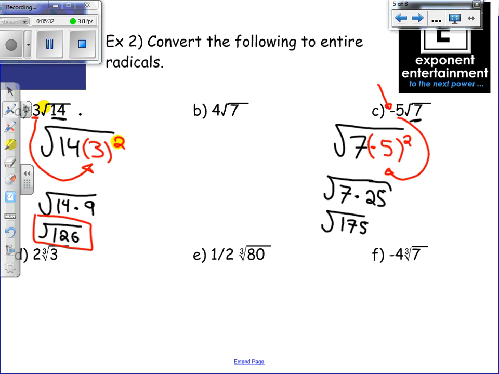Now, we had some good questions. I remember this from when we were in class. We should always be able to punch in this original part here and this part here, the square root of 175, and they should equal each other. If they don't equal each other, that means we didn't convert them properly. Now the question was, when we do the square root of 7 and we multiply it by negative 5, what do we get?